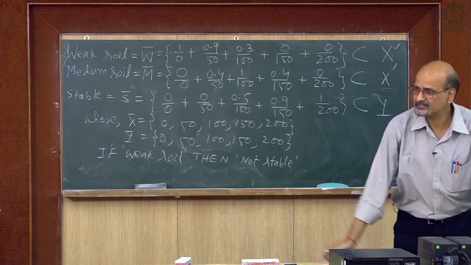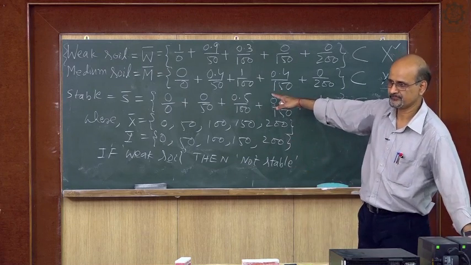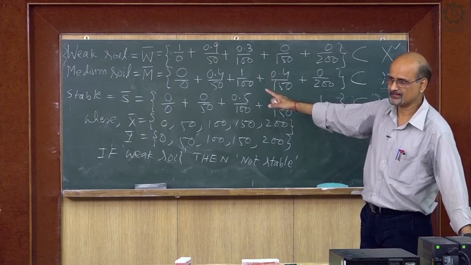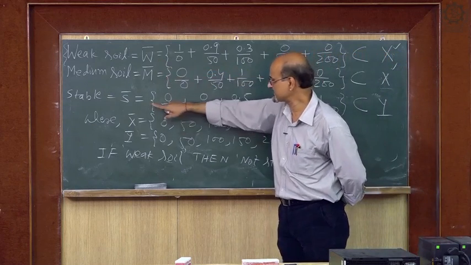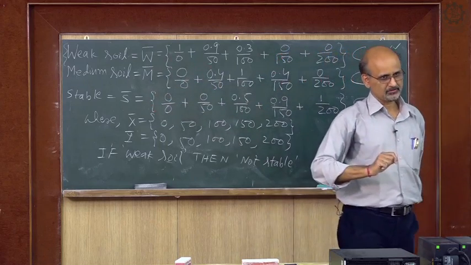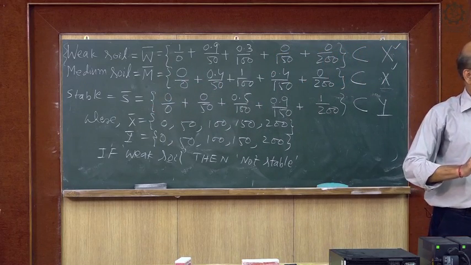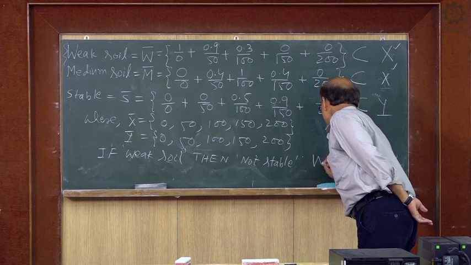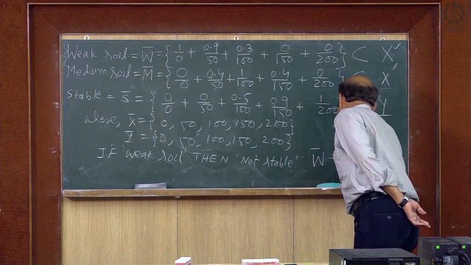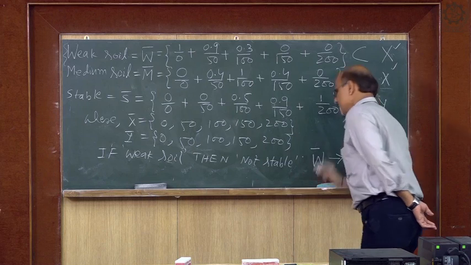I can write this in the form of implication. If weak soil, then not stable, that means W bar implication S bar complement. Understood? This I can write as W bar imply S bar complement.